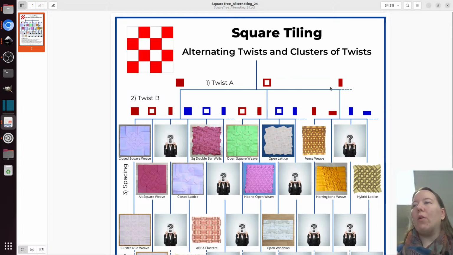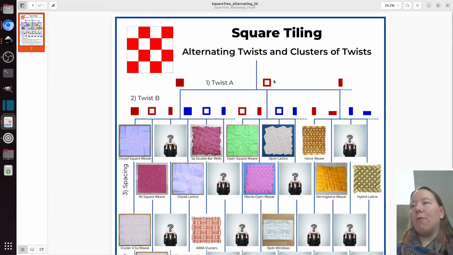You could have double open, you could have a different hybrid, you could do any number of things. But for simplicity, closed, open, or hybrid for twist A in the alternation. And then for twist B in the alternation, you can have closed, open, or hybrid on the same side as the initial twist, or closed, open, or hybrid on the opposite side.